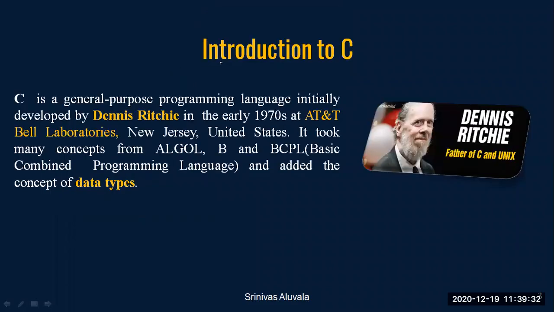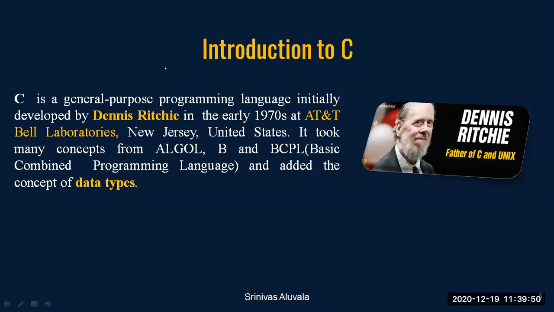Coming to the introduction of C, C is a general purpose programming language. Initially, it was developed by Dennis Ritchie in the early 1970s in US at AT&T Bell Laboratories.